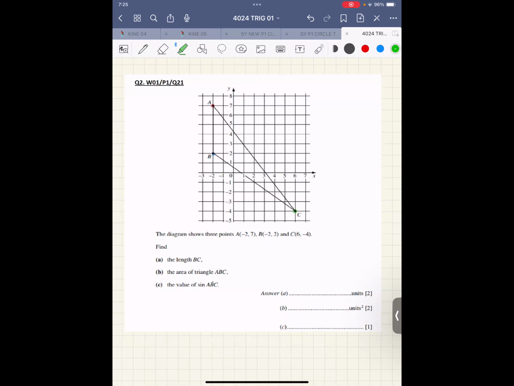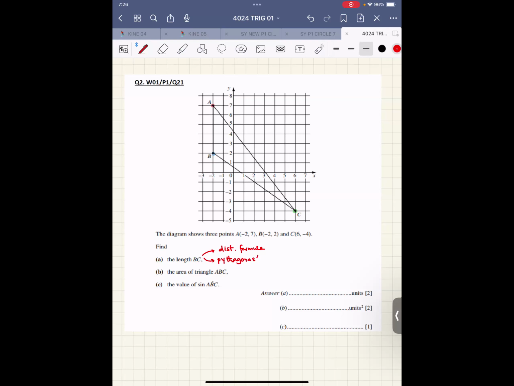Now, this is a question of distance formula. It can also be done using Pythagoras theorem. So first of all, let me write distance formula. And let me also write Pythagoras theorem. How? I'll just explain it in a short while.